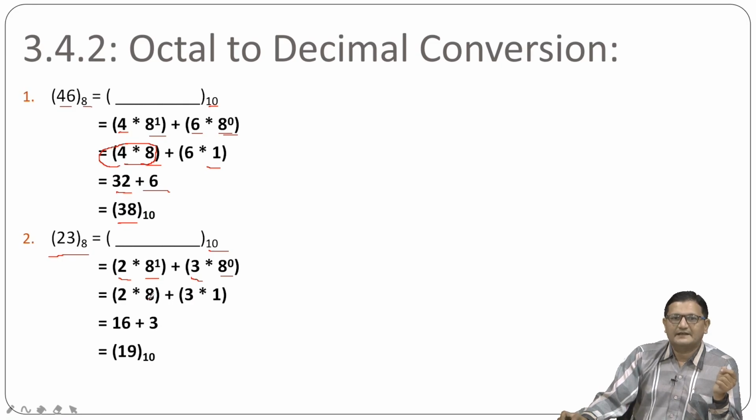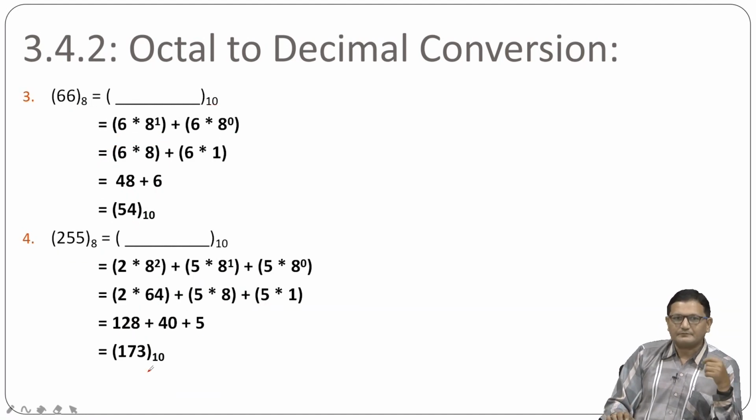Now, 8 raised to 1 is 8, and 8 raised to 0 is 1. 2 into 8 is 16, so we have written 16, 3 into 1 is 3, so we write 3 here. 16 plus 3 will make 19. So 19 is the decimal form of octal 23, clear, fine.